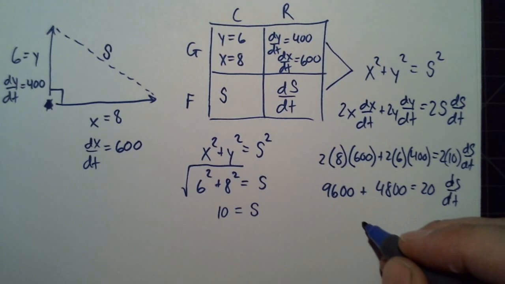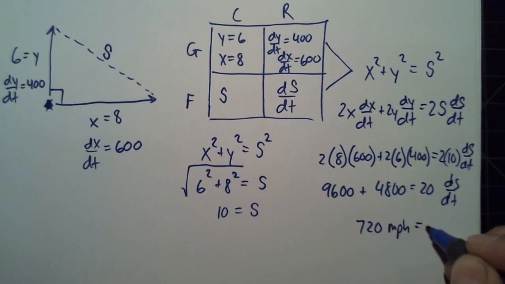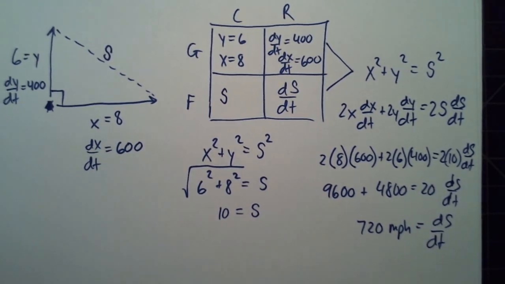And we'll end up with 720 miles per hour is ds/dt. That's the rate of change of the distance between the planes. And we'll stop there.